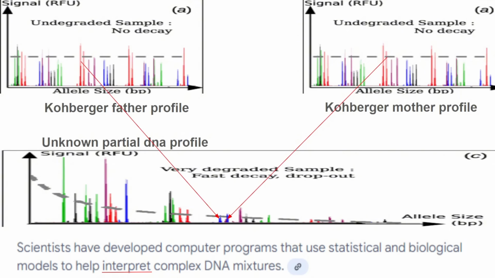If law enforcement had a partial sample of the STR profile, and then they somehow obtained samples of the suspect's father and mother, and they created complete STR profiles of both, they could then use those 2 profiles to actually transfer the alleles from the father and the mother into the partial sample in order to complete it.